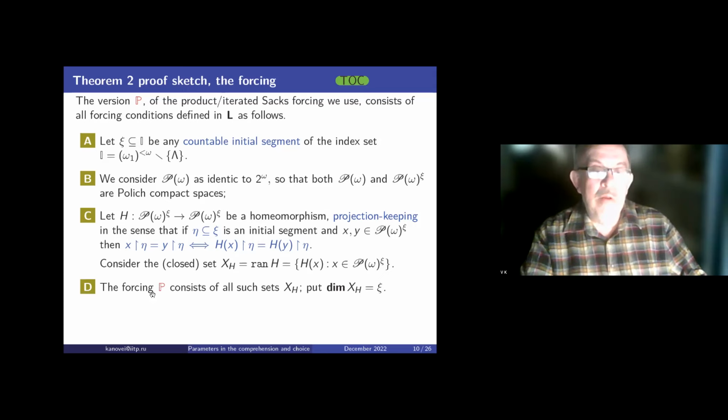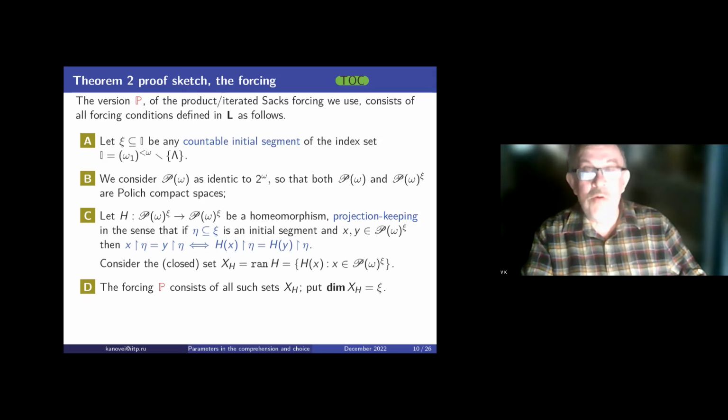Now, portion itself, it consists of all such sets X sub H, in which first psi is an arbitrary countable initial segment, and second H is an arbitrary projection keeping homeomorphism. And for this X sub H, just let the dimension of it be psi.